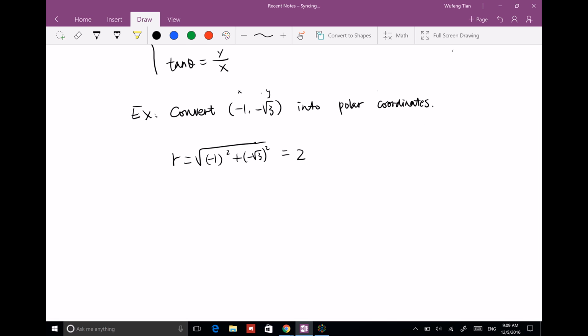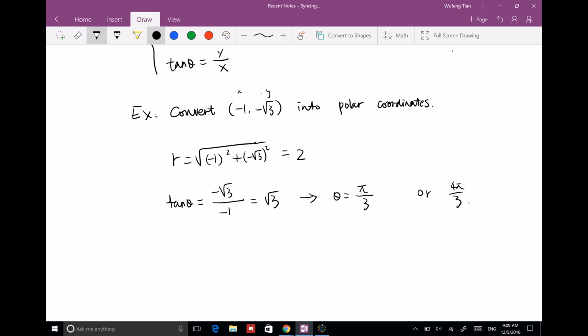And you get tangent theta equals negative square root of 3 over -1, which is positive square root of 3. So we solve that: theta equals pi over 3 or 4 pi over 3.